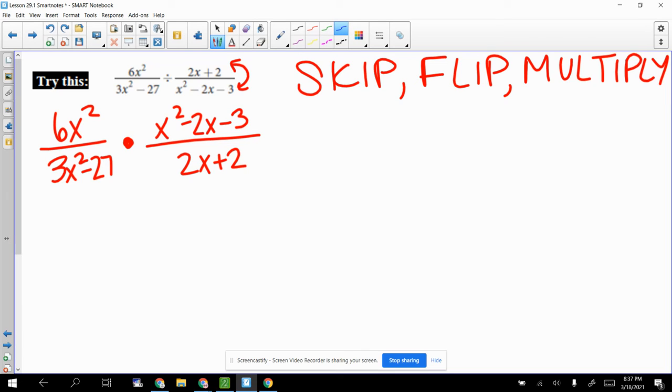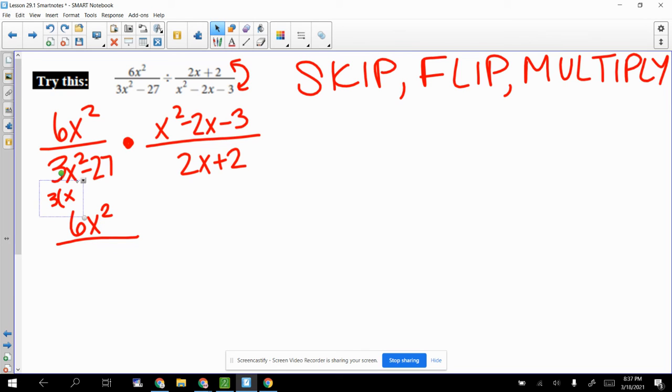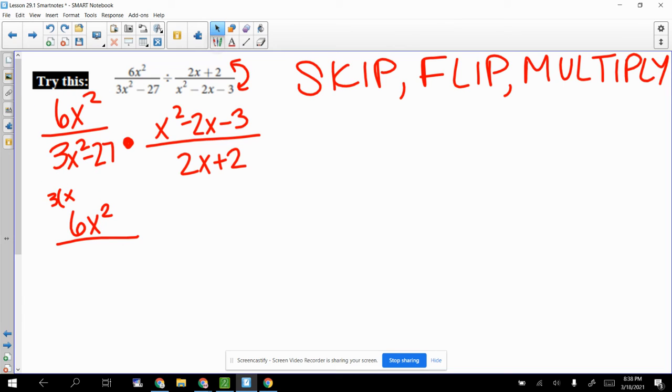So we're going to factor everything. So we have 6x squared. Well, that actually cannot be factored, so we're good to go. Leave that one. Then we have 3x squared minus 27. So the first thing I'm going to do is take out a 3, and then I'm going to be left with x squared minus 9.